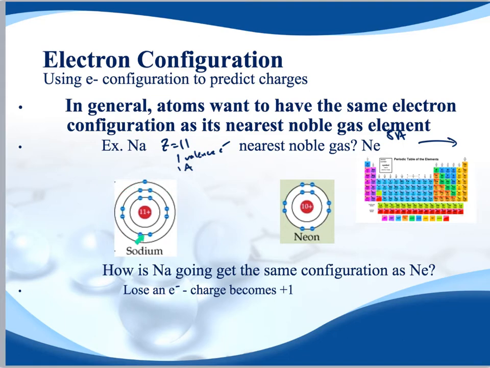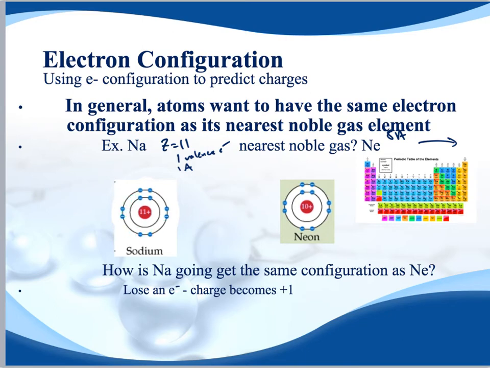There are two ways that sodium can get a completely filled valence shell. It can add 7 more electrons, 1, 2, 3, 4, 5, 6, 7. Or it can just remove that outermost electron, and now all of a sudden it's got a completely filled outermost shell.